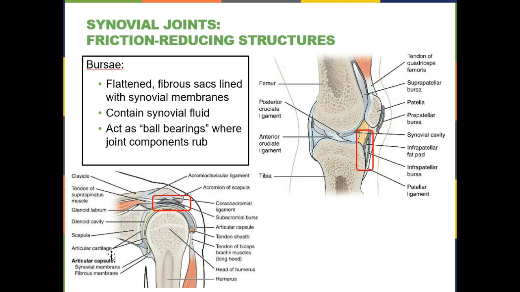So imagine a little bubble of membrane filled with synovial fluid, and what they do is act like ball bearings. So as two parts of a joint move, if there's a bursa in between them, instead of a tendon rubbing up against a ligament or a tendon rubbing up against a bone, there's a bursa in between those two structures that rolls back and forth and reduces the friction between those moving structures.